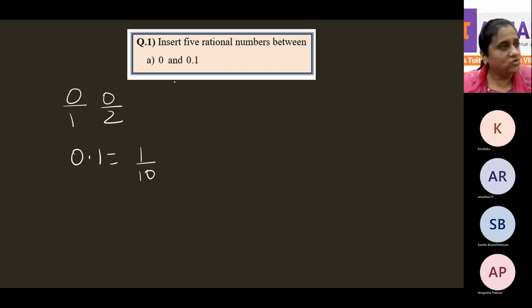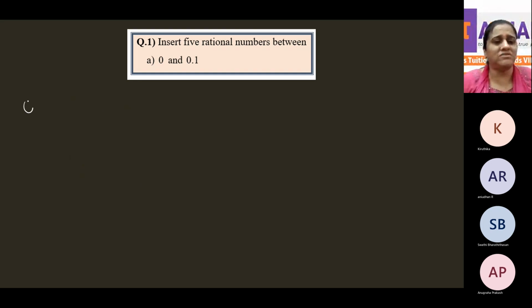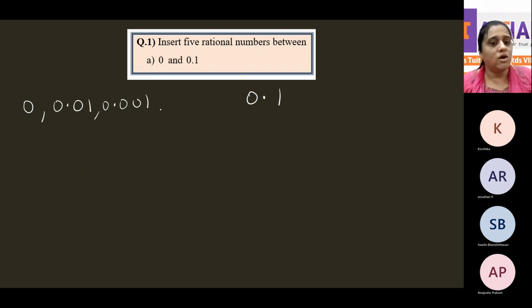So now between these two rationals, we'll have to insert 5 rational numbers. You can write so many. Now let me start with 0 and 0.1. So between these two, 0.01, 0.001, or you can write 0.02. See, now what is 0.1? 0.1 means 0.10, like 10 it is.